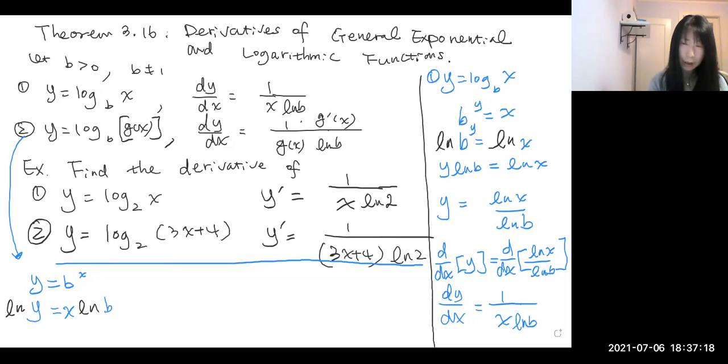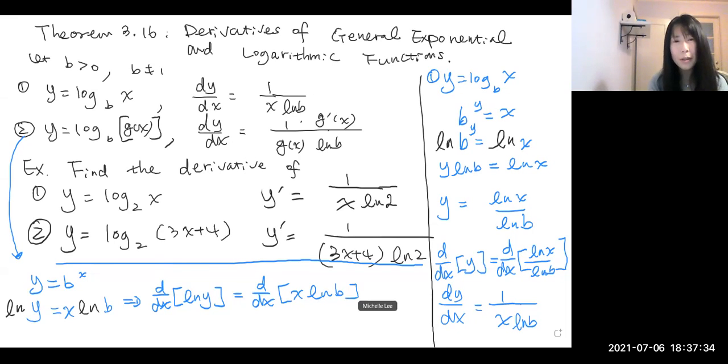So with the derivative of the left side, what do you get? The left side is the derivative of ln y. What do you get for this one?